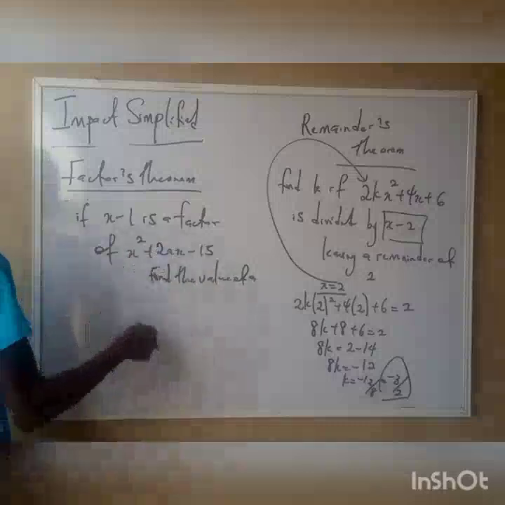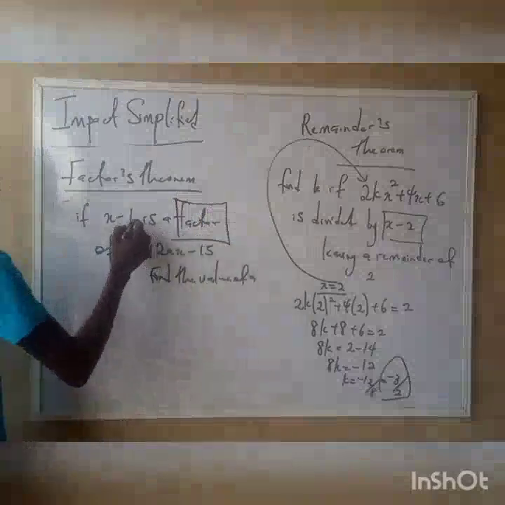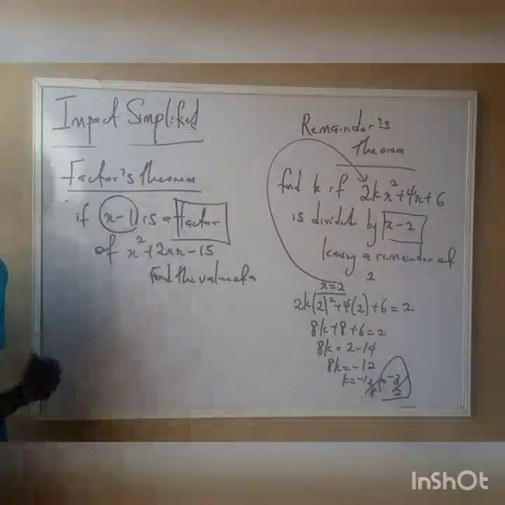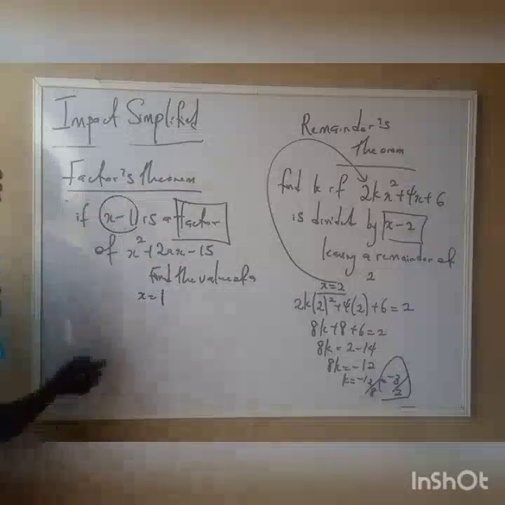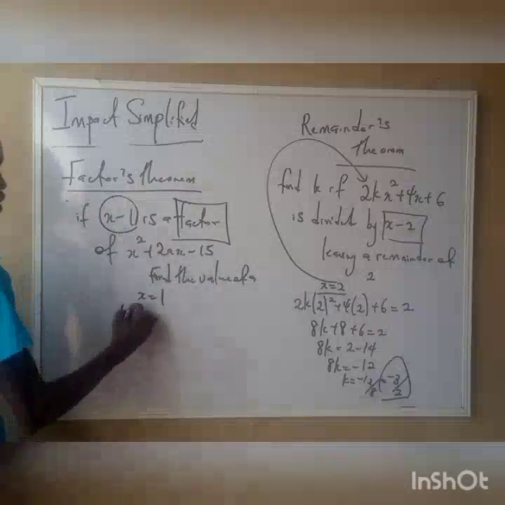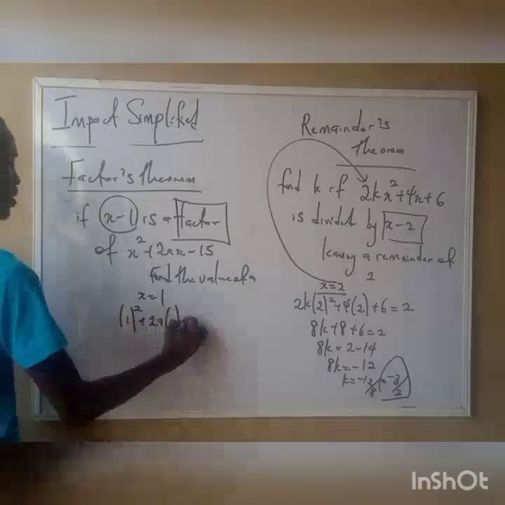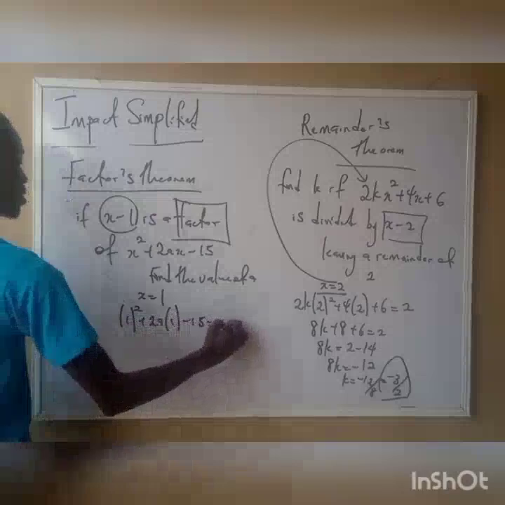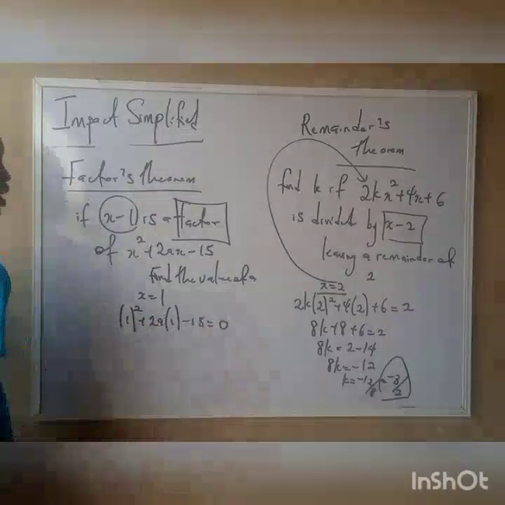But this one, they will not give you the remainder. The word factor or divisible means the remainder is 0. And then we equate this linear expression to 0. If you equate the linear to 0, your x is equal to 1. And then you substitute inside the bigger equation. And that will give us this minus 15 is equal to the factor. And when we have the word factor, the remainder is 0.